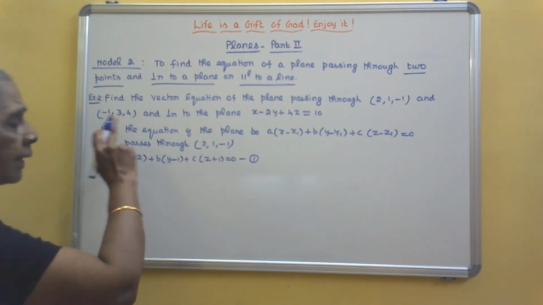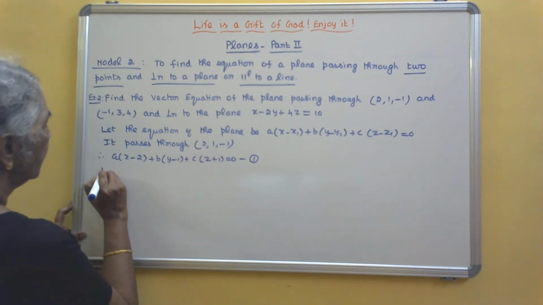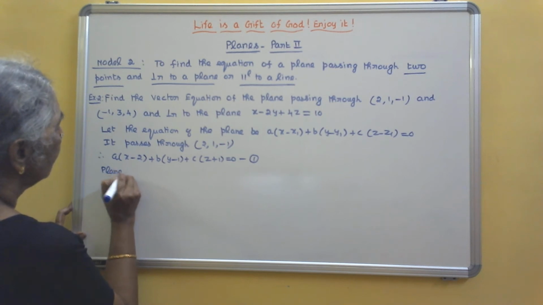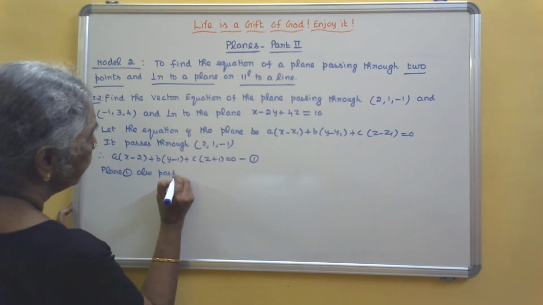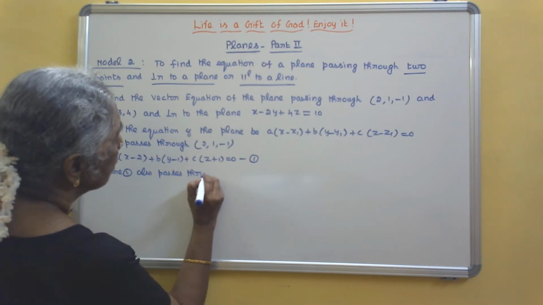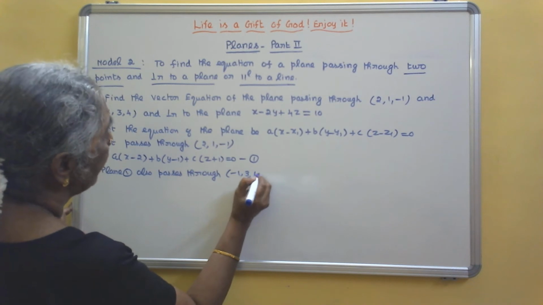Now there is a second point. We have to make use of it. Now I will write plane 1 also passes through, what is that point? Minus 1, 3, 4.